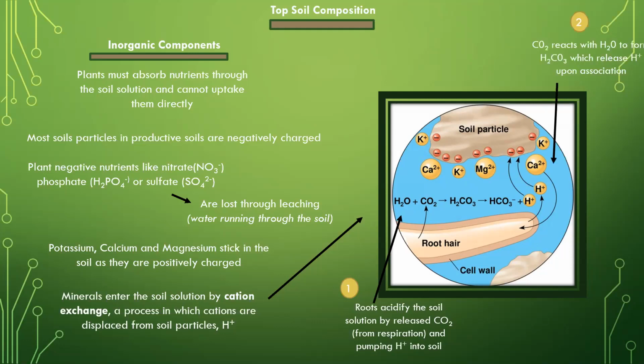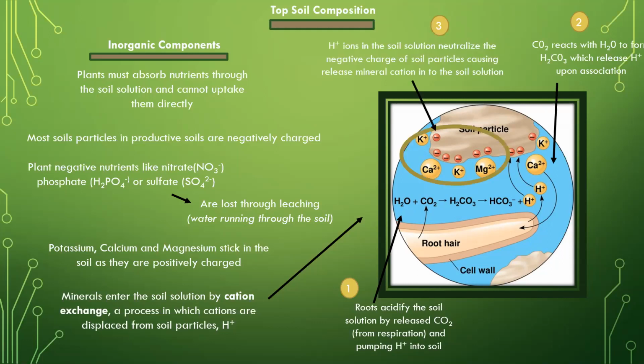And then the CO2 reacts with water to form different types of bonds, which releases these different types of molecules into it. Once you have those ions in the soil solution neutralizing the negative charge of the soil particles, you then have the release of these minerals as the hydrogen ions react with them.